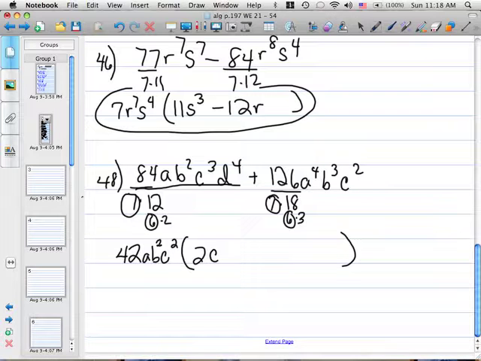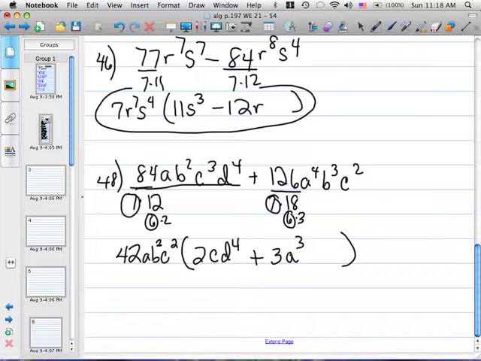And the last one of this type, 48. We have 84ab squared c cubed d to the 4th plus 126 a to the 4th b cubed c squared. Greatest common factor of 84 and 126.